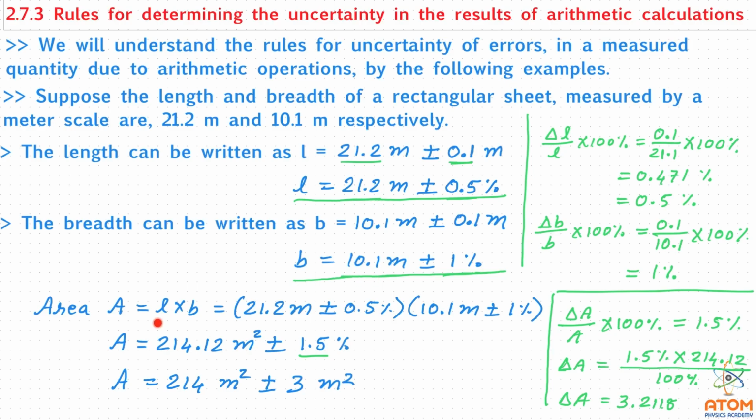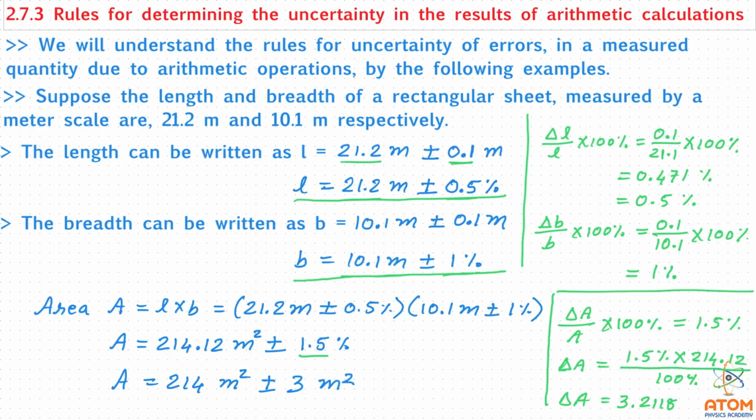Now as per the rule of multiplication, in multiplication we have to take the least number of significant figures in the result. This result has a total of 5 significant figures, but we have to reduce it to 3. That's why I have written it up to 3 only, meaning I have considered only 214. Also, I have written here 3 only instead of 3.2118.